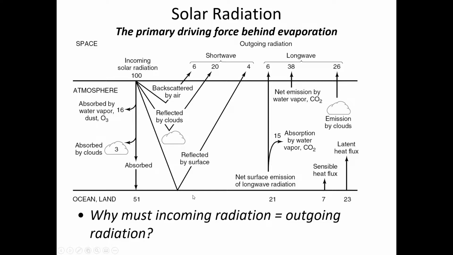At least in the short term, there's not an accumulation of energy inside the Earth's atmosphere. Over the longer term, people could argue that there's global warming, and there definitely is, but we don't see that on the scale of a daily cycle or a month. Within the shorter term, there is balance between incoming and outgoing radiation.